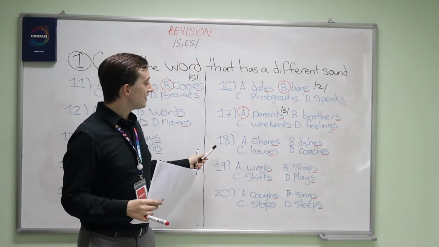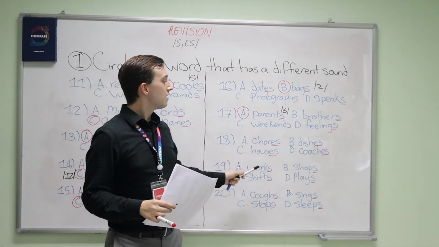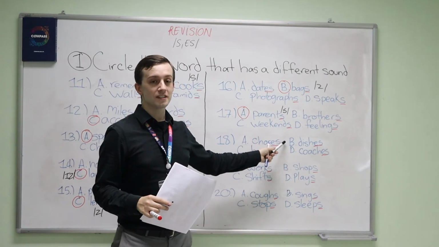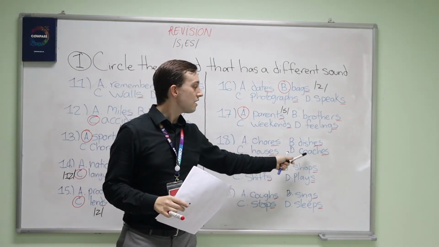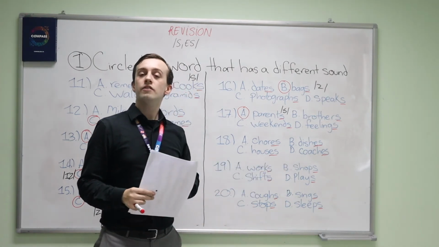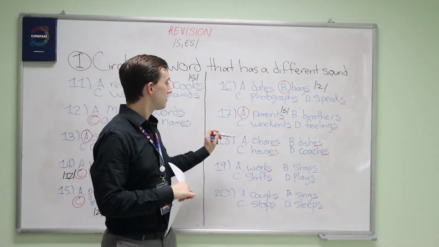Time for question 18. A is chores. B, dishes. C, houses. And D, coaches. The word which is different is A, chores.